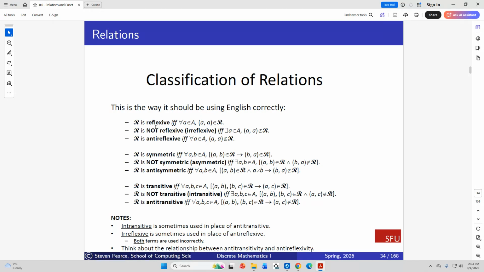Okay, once again, reflexive, not reflexive, anti-reflexive. Not reflexive is in between reflexive and anti-reflexive. They could be, there exists a loop there. Not symmetric, there could be a pair. Not transitive, there could be an arc connecting 2 points: AB, BC, AC. There could be one there.